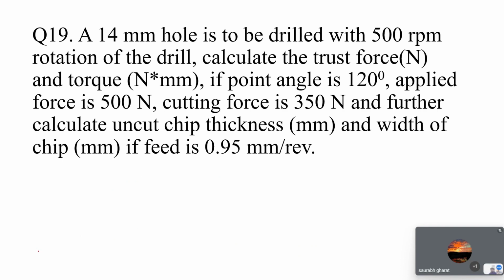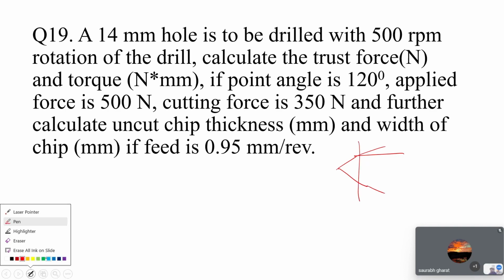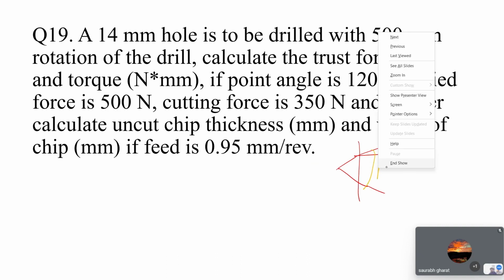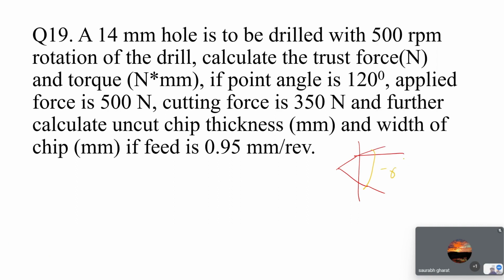Right now what we need to find out are thrust force and torque. We have been given a point angle. Consider this is the drill bit, and this angle is your point angle.